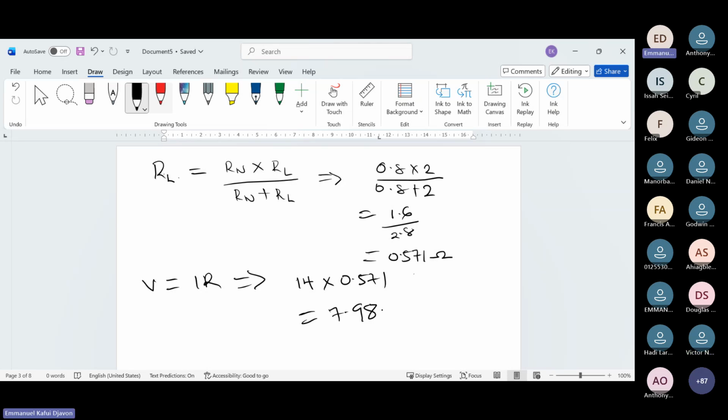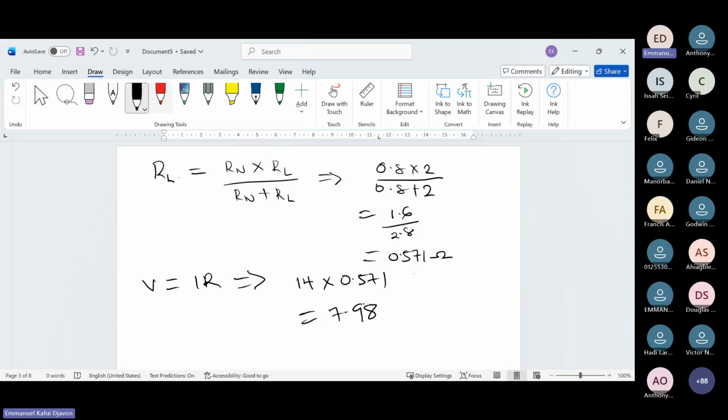Is it 7.98 or is there something else? If you use 0.571, you get 8 exactly.